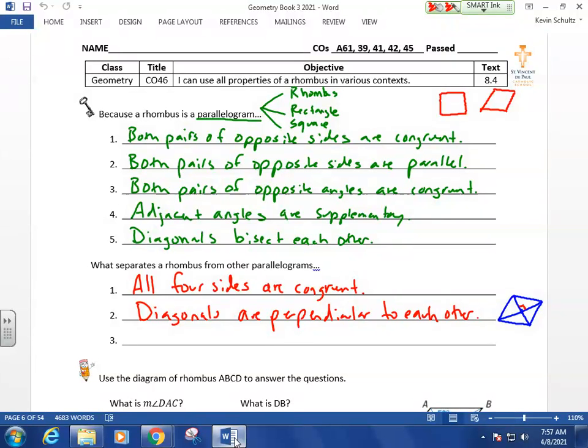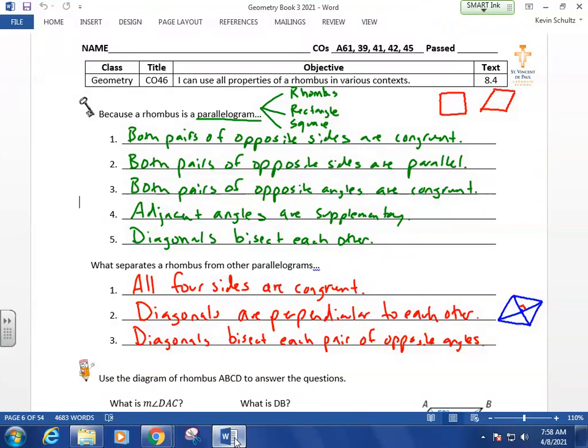So we will be using things that we learned in Unit 6, Pythagorean theorem, sine, cosine, tangent, 45-45-90 and 30-60-90 triangles, to help us get information about the parts of a rhombus, but we'll get to that in a little bit. And the third thing is that, again, the diagonals bisect each pair of opposite angles.